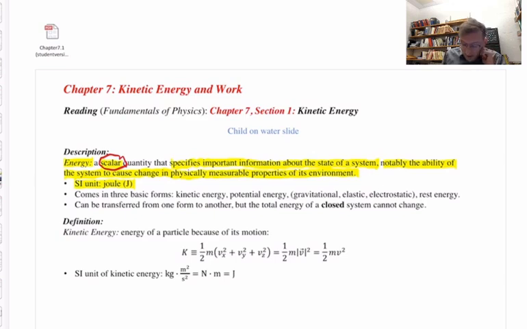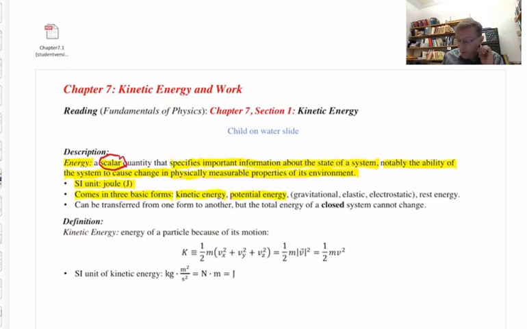As far as we're concerned, energy comes in three basic forms. Forms of energy. The first we're going to learn in Chapter 7 is called kinetic energy. I'm going to define that very specifically in just a moment. The next form we're going to learn about in Chapter 8 is called potential energy. A bit more abstract than kinetic energy. That's Chapter 8.